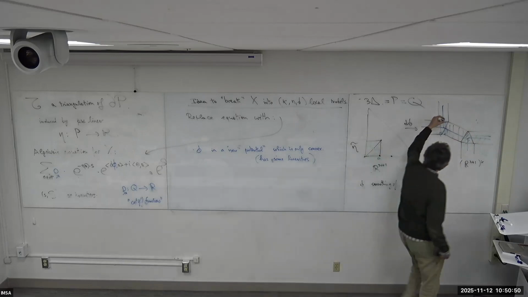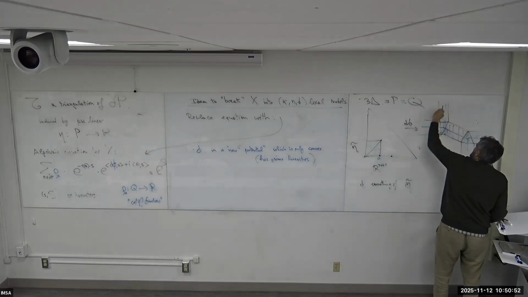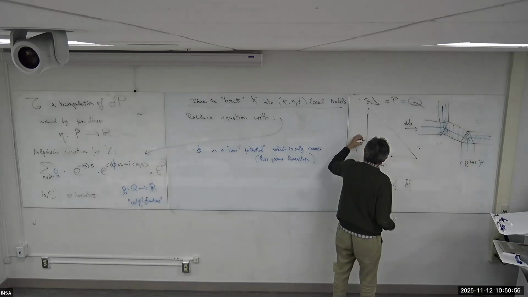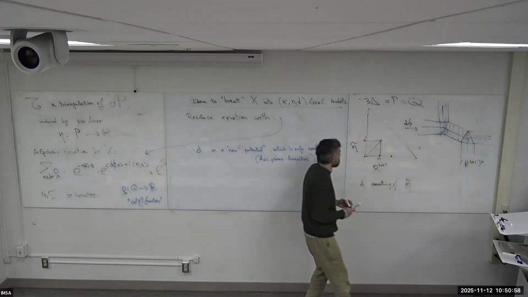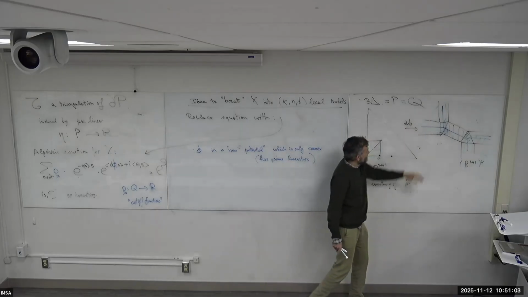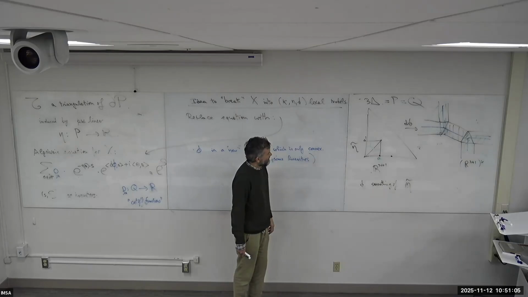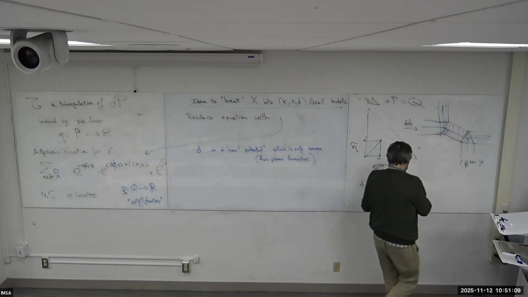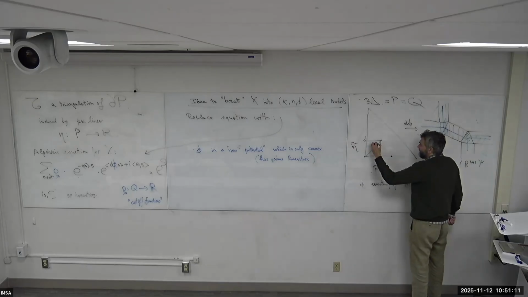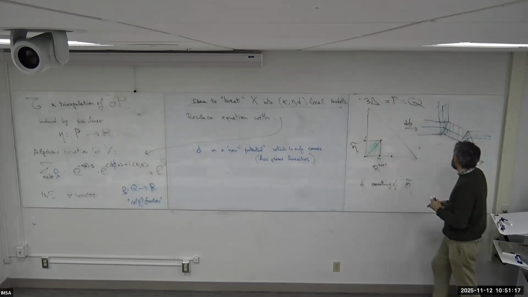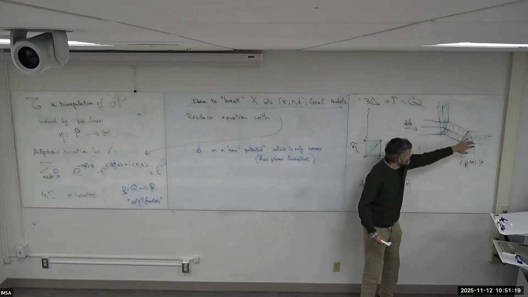Similarly here, for this other coefficient, A prime, you have a row A that has support here. So there will be a region here corresponding to the complement of this green region.